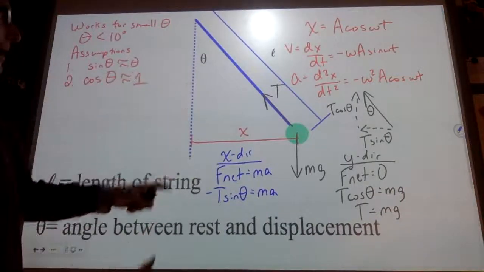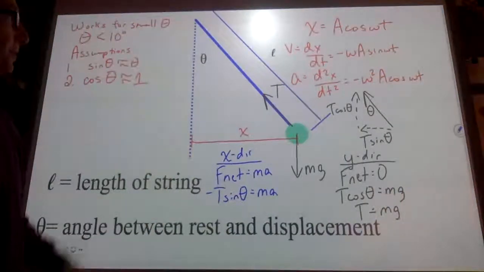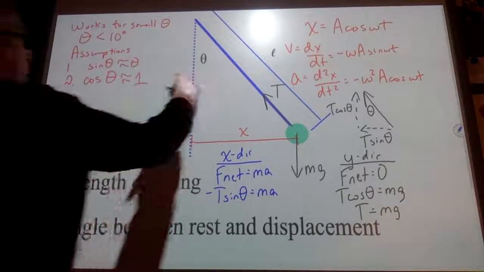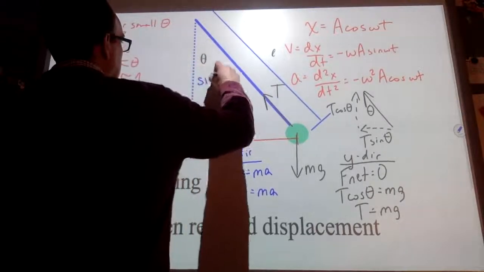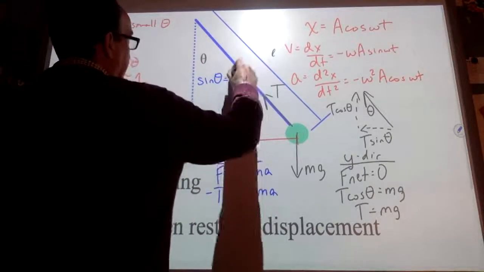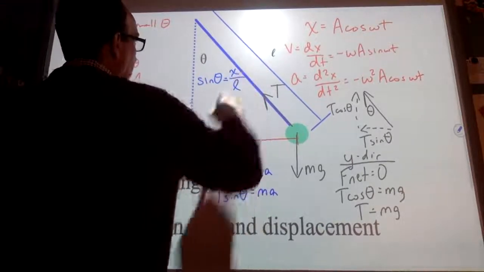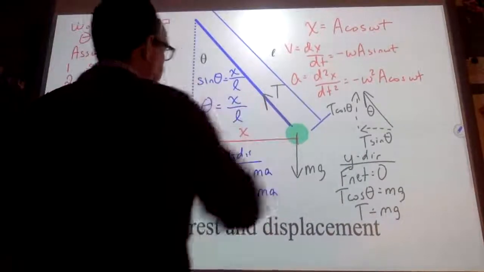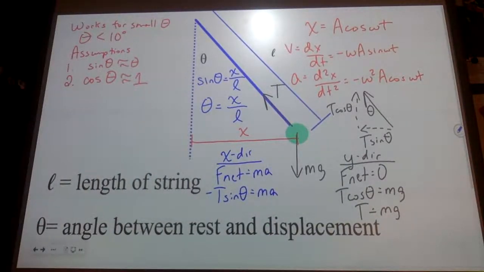If I look at my triangle here, I can see that sine of theta is going to be my opposite side over my hypotenuse. And so theta is essentially going to be my opposite side over hypotenuse.